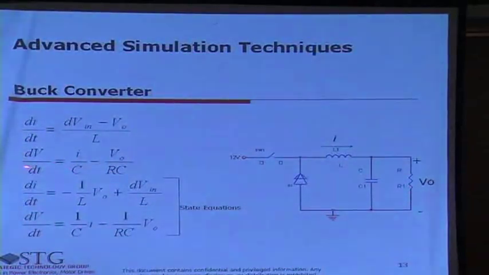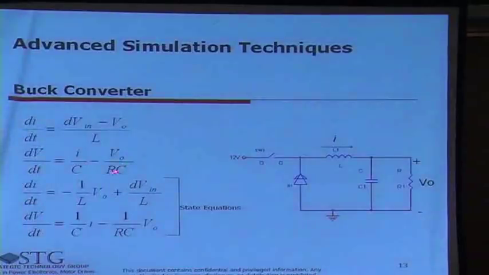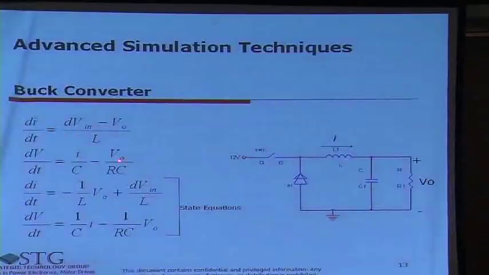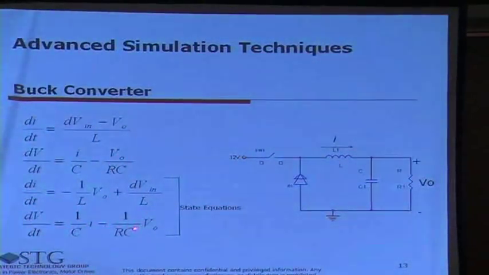So C dV/dt is equal to the inductor current minus V_output/R, which is our output load current. So I can write these two equations in this form: di/dt is equal to minus 1/L V_0 plus dV_in/L, and dV/dt is equal to 1/C i minus 1/RC V_output.